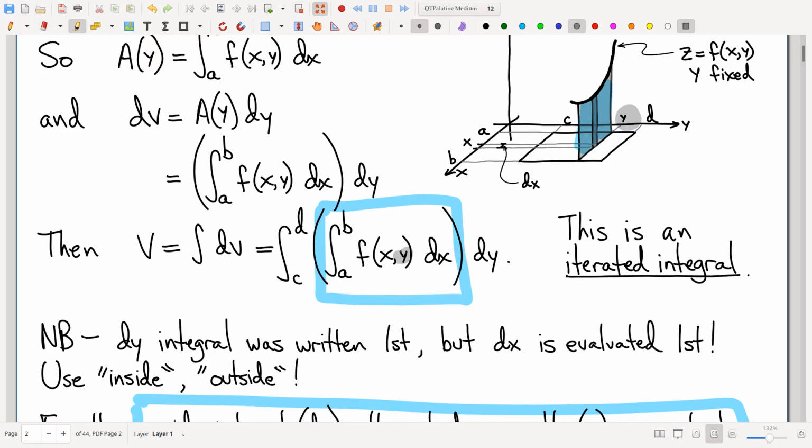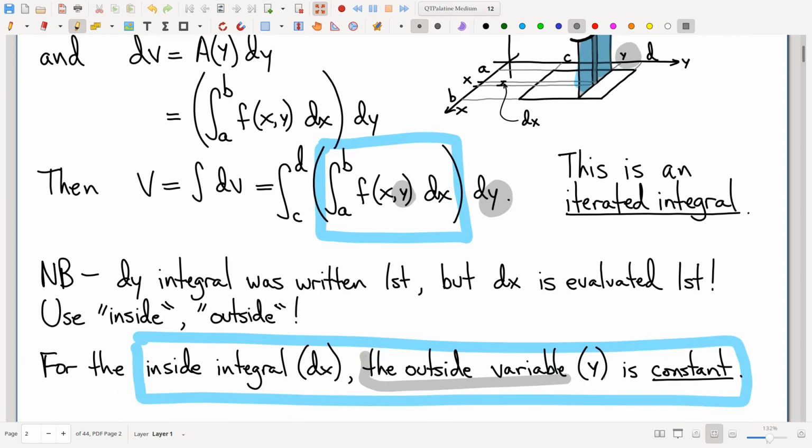And which cross-section you're looking at here is y, and that, in this case, again, as we're doing it, is the outside variable. And this pattern holds no matter which way you slice, no matter what happens later on as we generalize this idea. When you're looking at the inside integral, the outside variable is a constant. You treat it as a constant because you'd better, because it is. Right? Does that make sense to everybody? Again, it has to be. Right there in the picture.